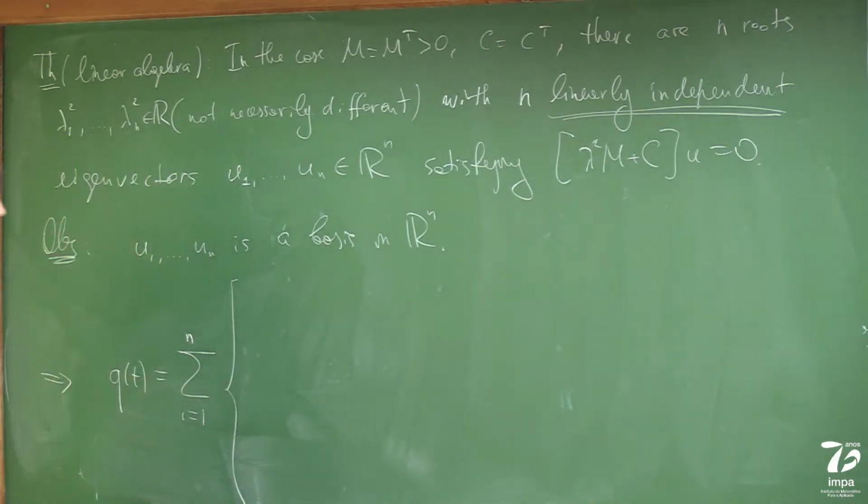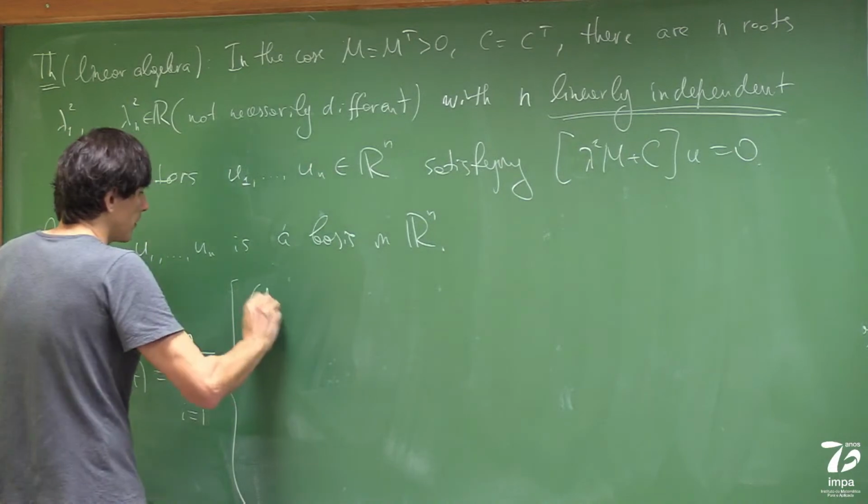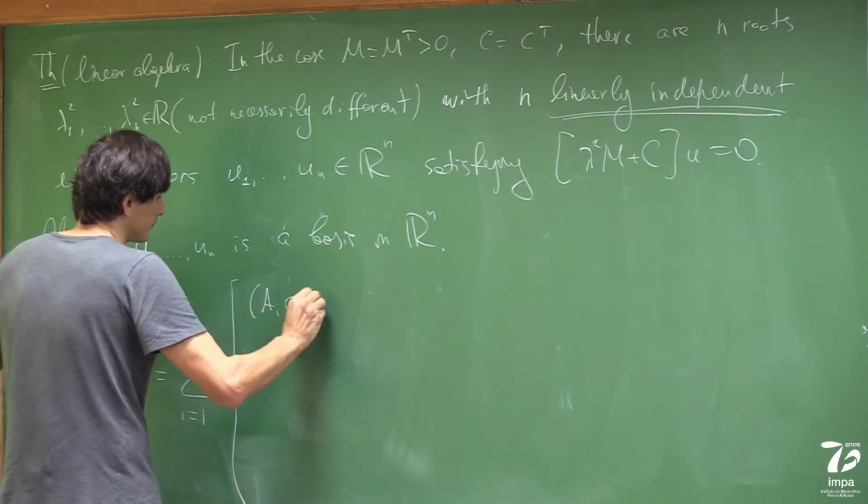Depending on whether the eigenvalue is positive, 0, or negative, we take a different solution. If lambda squared is negative, we take the first one, ai cosine.